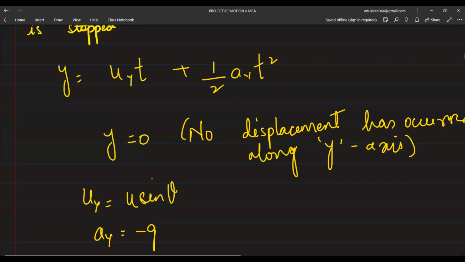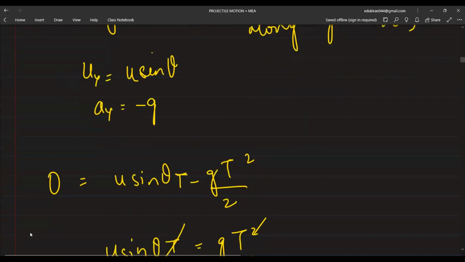So when you put this, with y equal to 0, we get 0 is equal to u sine theta t minus g t square by 2. T is the total time of flight which we are calculating. So see, when this u sine theta goes on the other side, did you understand this? This is y is equal to u t plus half a t square. We have substituted it.